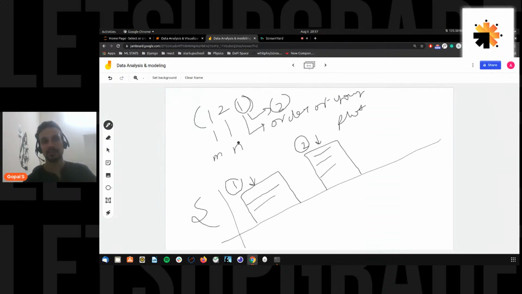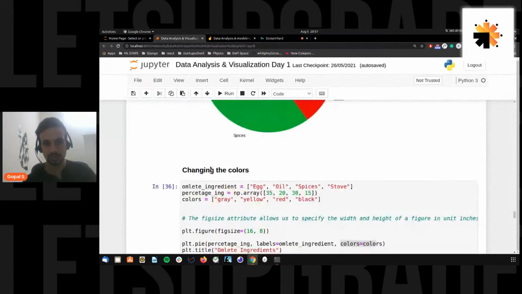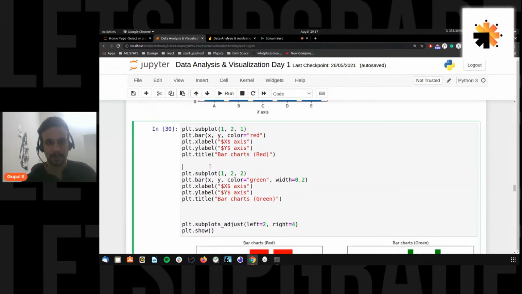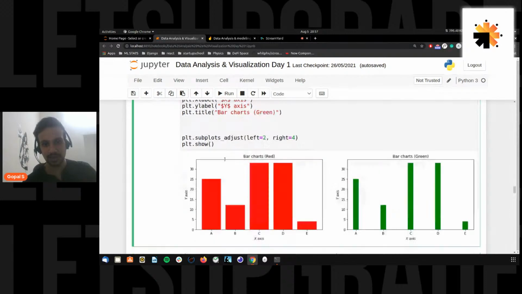That is it. So this is your subplot. You see the subplots here. Let me go again to any of these subplots. There you are. Right now, consider this as one row and two columns.